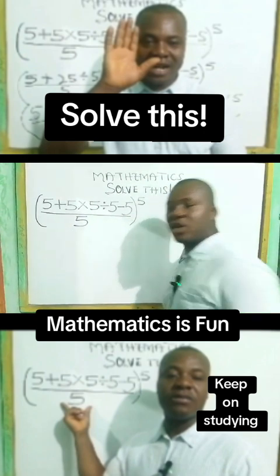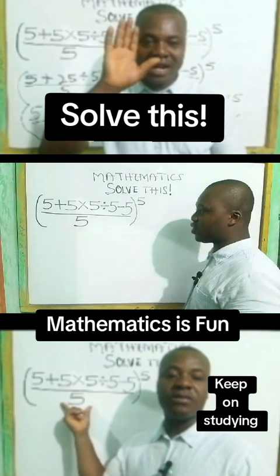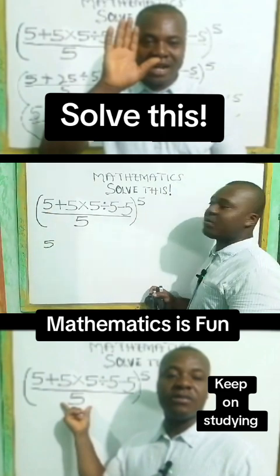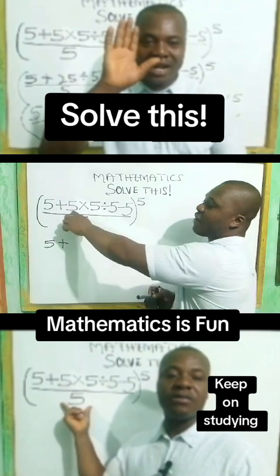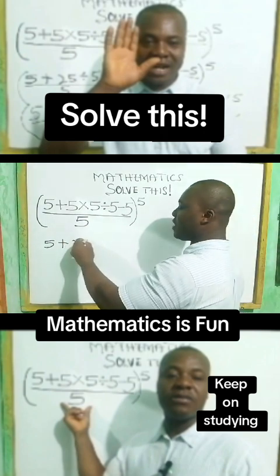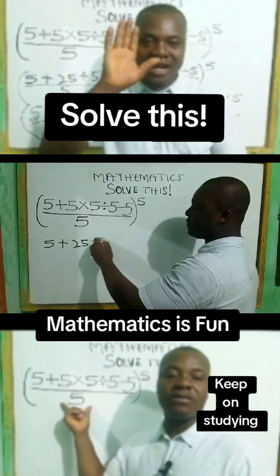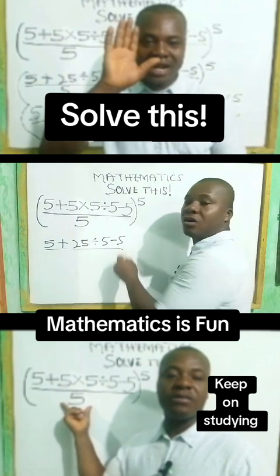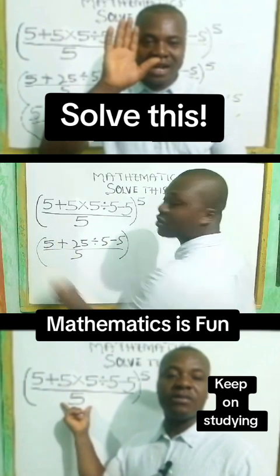This 5 will remain the same, this plus is going to remain, and then we have 5 multiplied by 5, that is 5 times 5, so we are going to have 25. Then we have divided by 5 minus 5, overall all divided by 5. Now bracket close, bracket open.